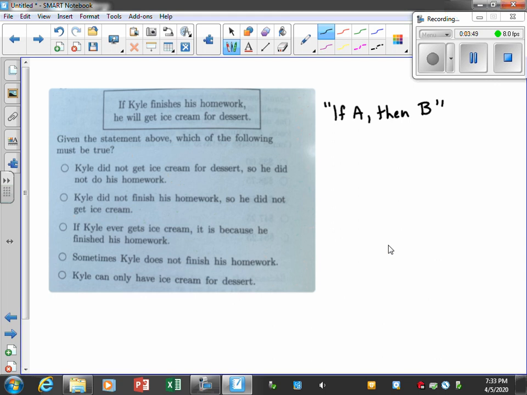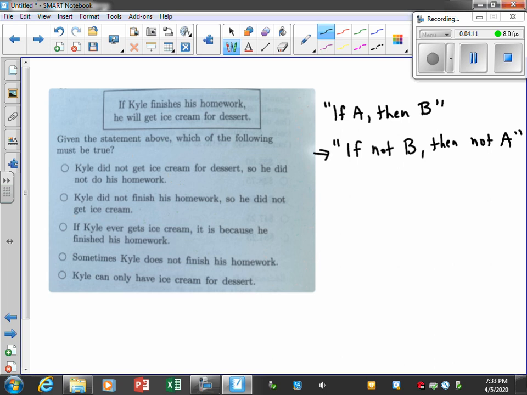Now, knowing an if-then statement, the only option that applies is going to be if not B, then not A. Okay, so we're looking for this case. If not B, then not A.